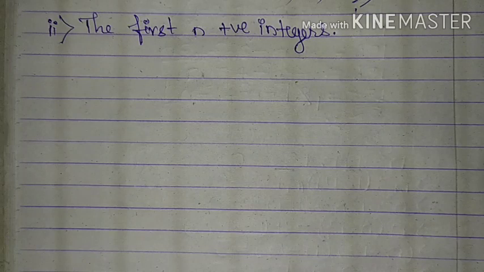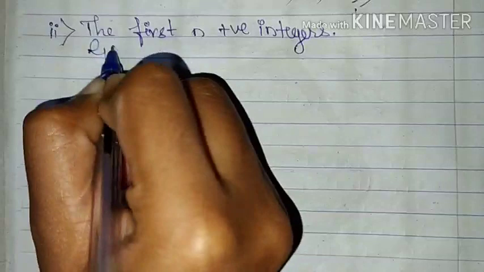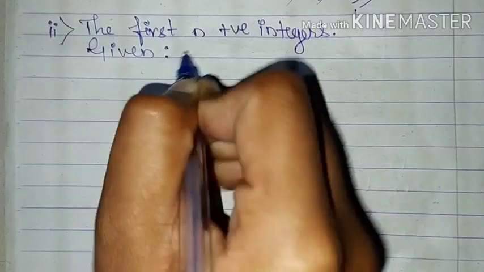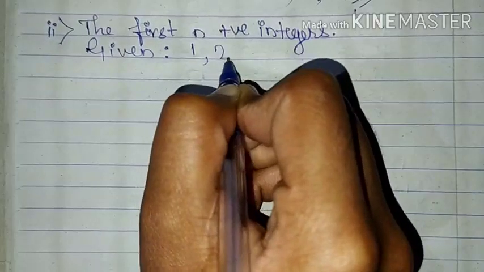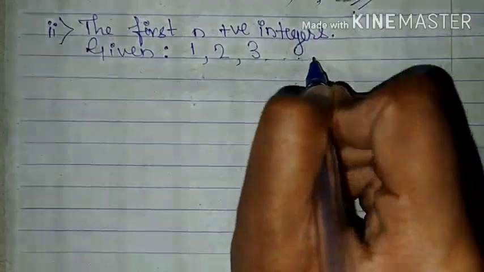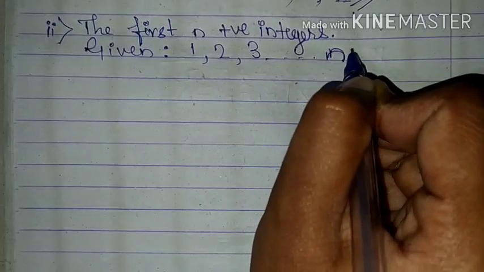In the second sub question, they have asked us to determine the sum of first n positive integers. In the previous question, they had told us to find the sum of first 1000 positive integers, but here they have asked us to determine the sum of first n positive integers. So here the given will be, once again the positive integers start from 1, 2, 3 and so on up to n, some arbitrary number.